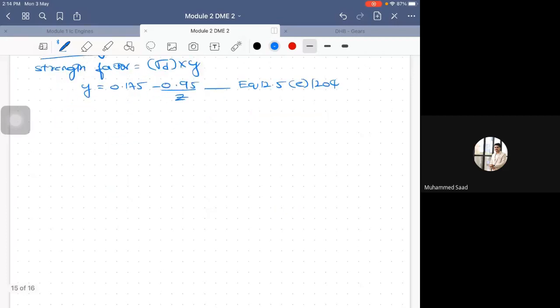Now, quickly calculate the value of Y1 and the value of Y2. So it is 0.175 minus 0.95 divided by Z1, whose value was 16. And 0.175 minus 0.95 divided by Z2, whose value was 96. What are the values of Y1 and Y2?